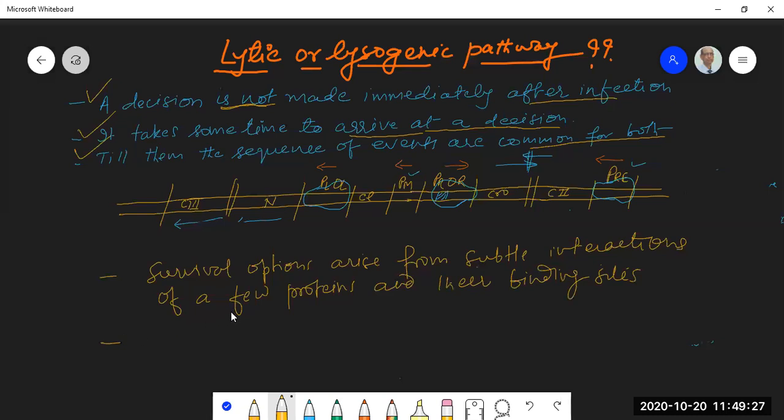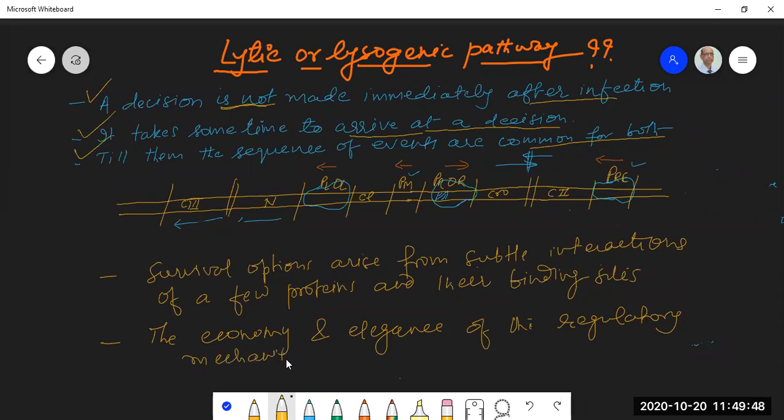And the second important point is the economy and elegance of the regulatory mechanism are remarkable.